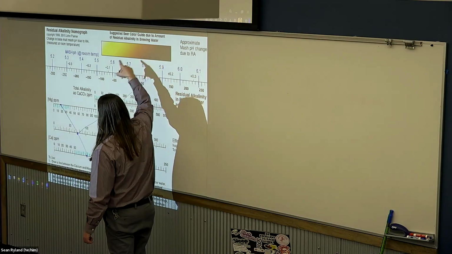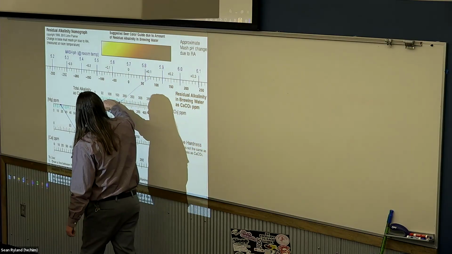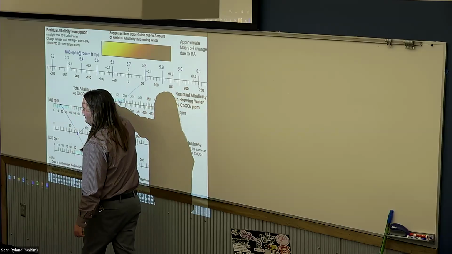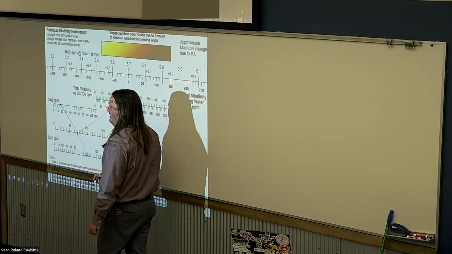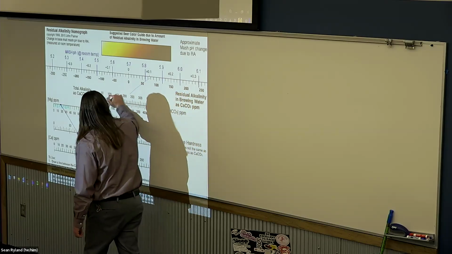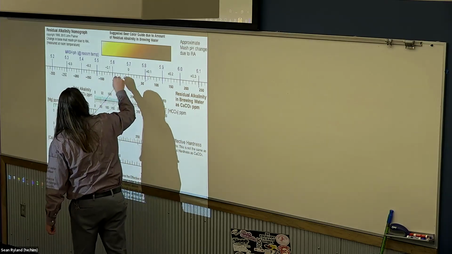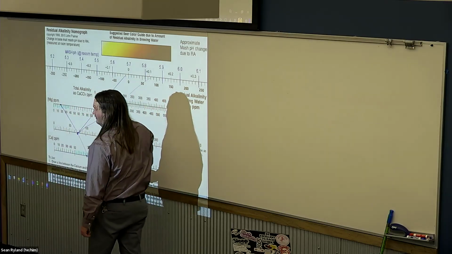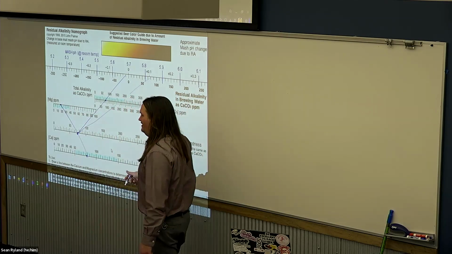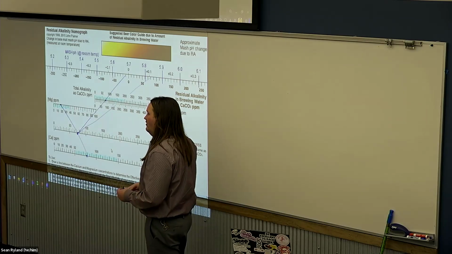If I want to use this water to make a lighter beer, I need to do something to shift this further over. So I can add hydrochloric acid, HCl, or citric acid or something, and this line shifts over, and now you can make a lighter beer. So you have to treat your water based on where it starts and the type of beer you're trying to make. But it's an ongoing thing.